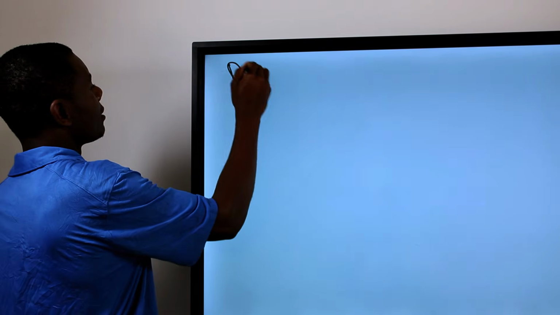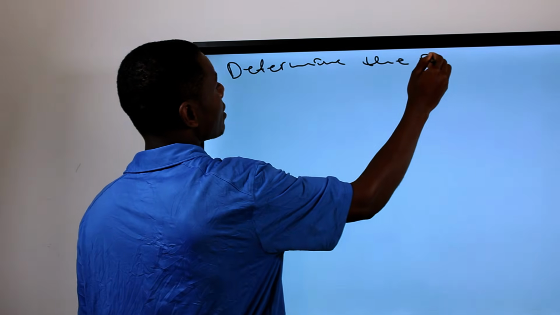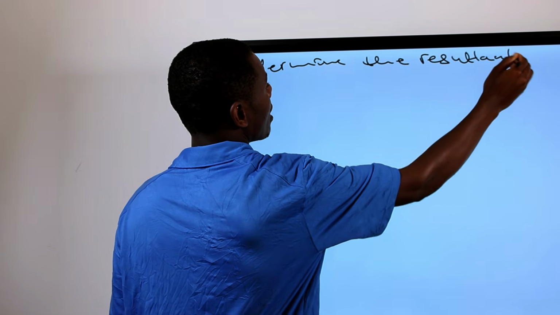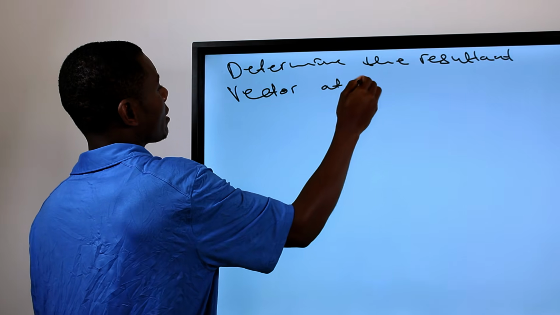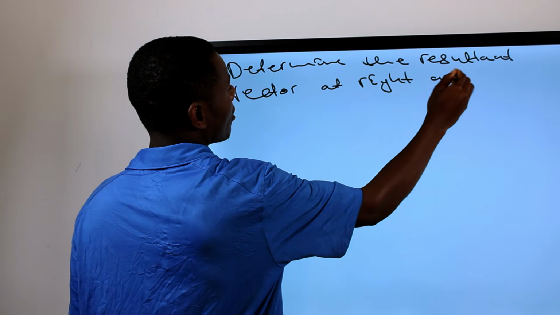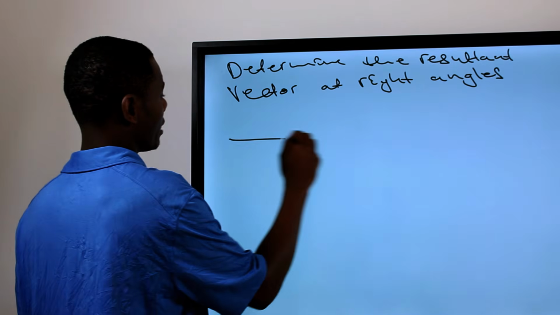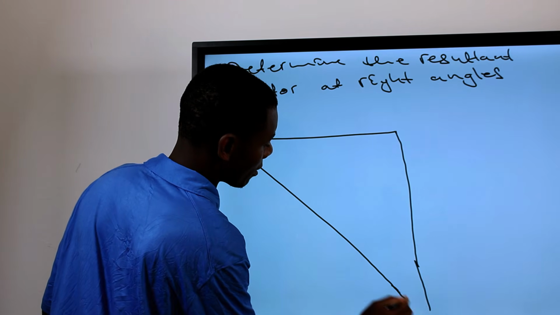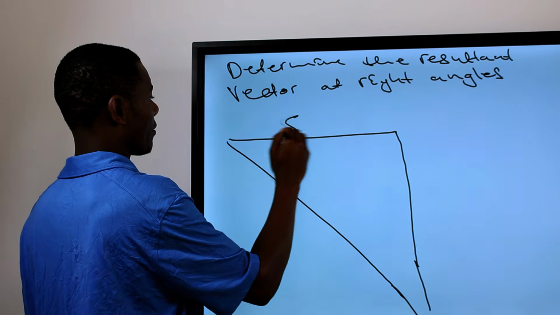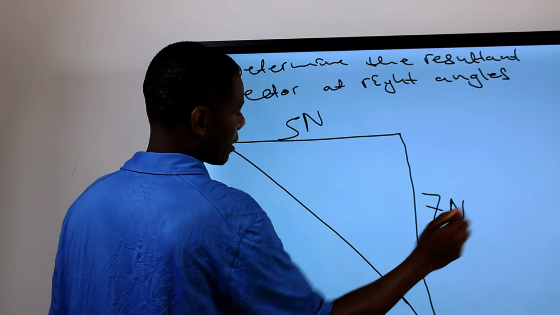Okay, now we want to determine the resultant vector at right angles. Let's now draw our right angled triangle. So we have 5 newtons here, 7 newtons here.